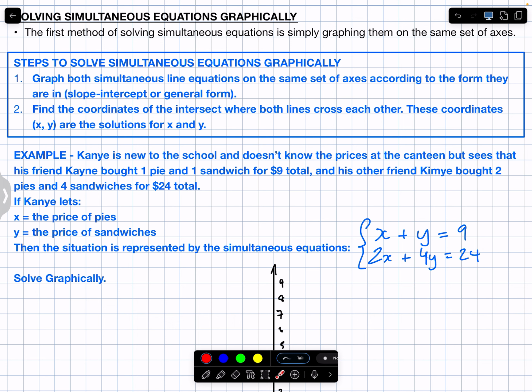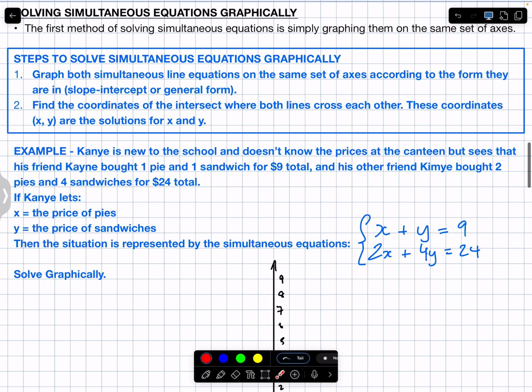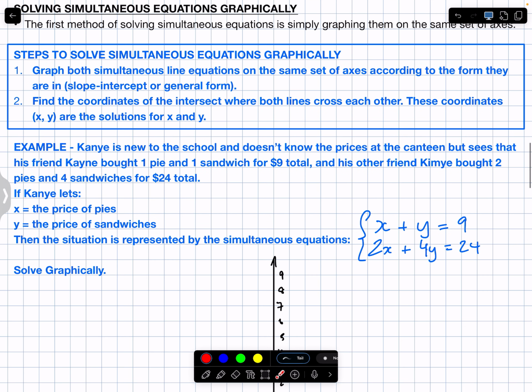One, graph both simultaneous line equations on the same set of axes, according to the form that they are, general form or slope-intercept. And then 2, find where they cross over, find where they intersect. These coordinates are the solution for x and y. So get the steps down in the rectangle, get the example down about Kanye, so that you have that, that could be an example to go on your cheat sheet.